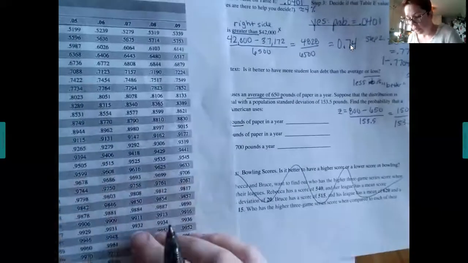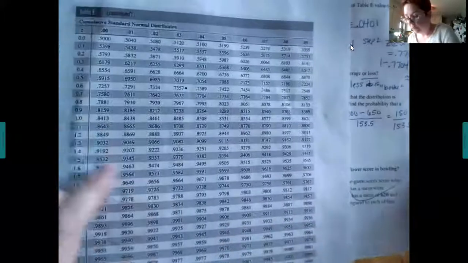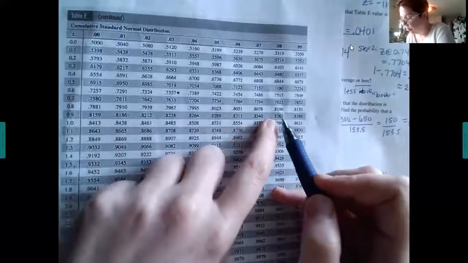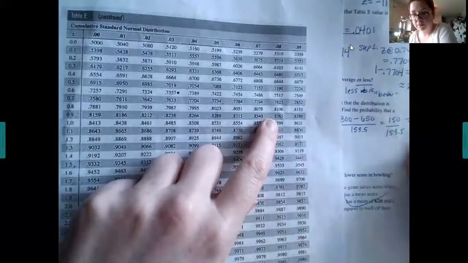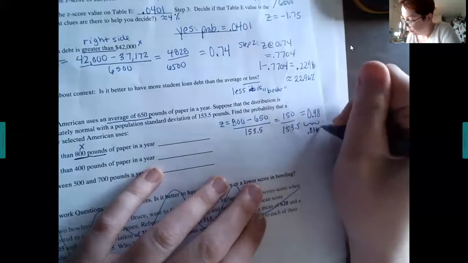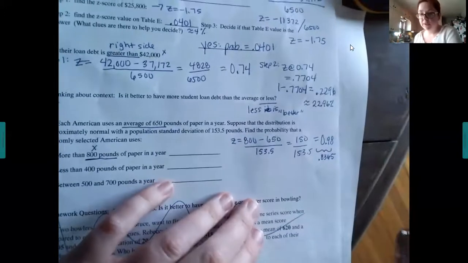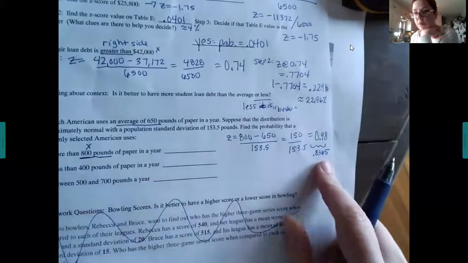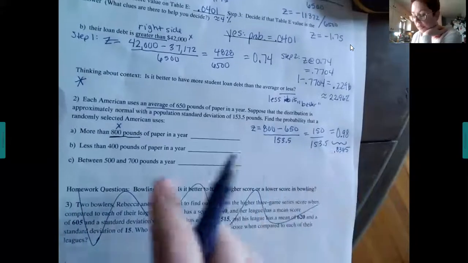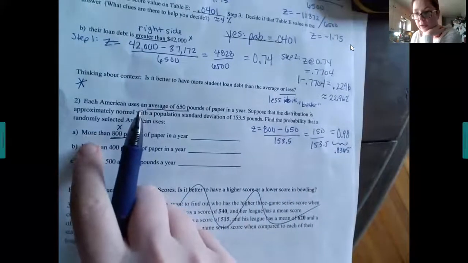Okay. So we look up 0.98 in our table, and we get 0.8365. Now, we have to decide, is that the probability answer that we want? And we have to decide that based on what it's asking us, okay?